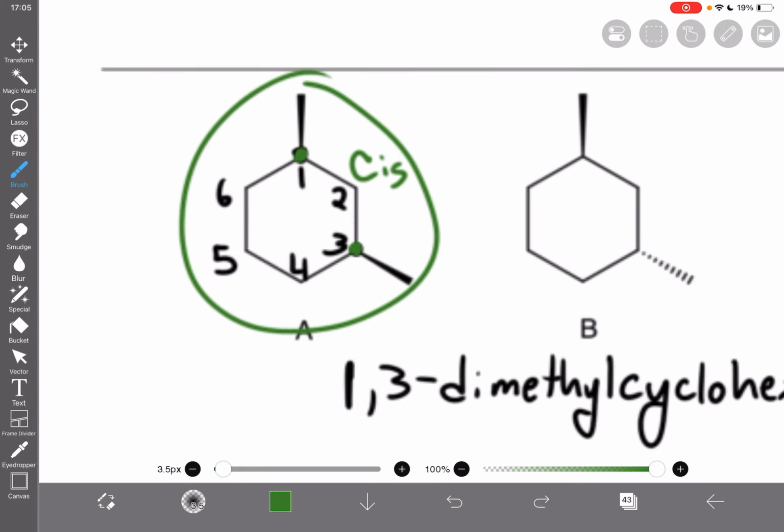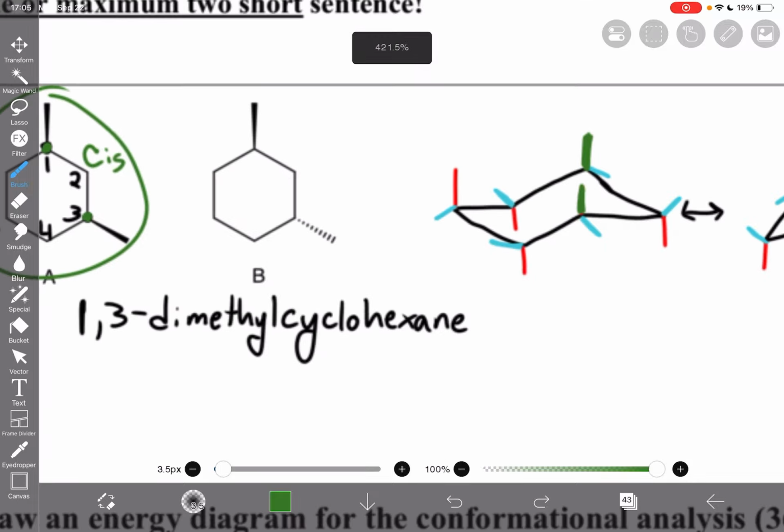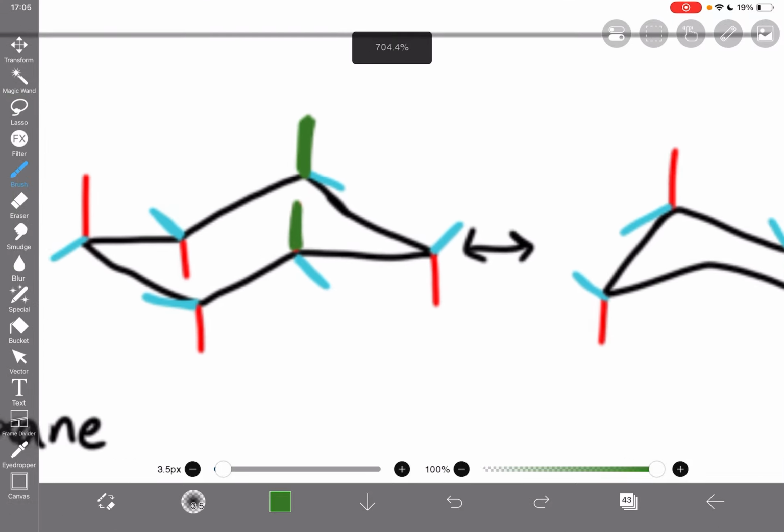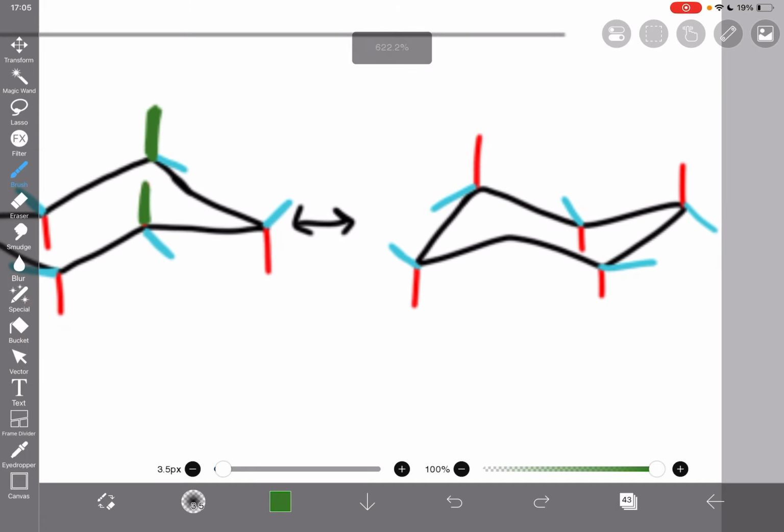Both of them are facing the same direction. So, over here, that is up for us. Whereas in our flip chair position, that means it's down. No, not down. No, still up, just in our equatorial positions. So up, up, up, up.